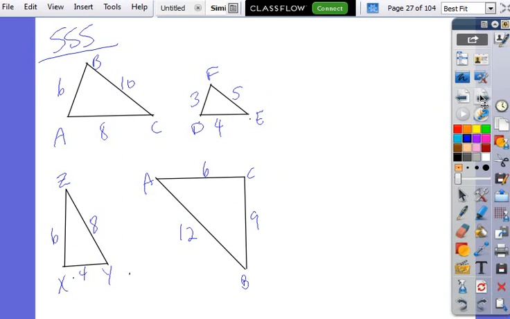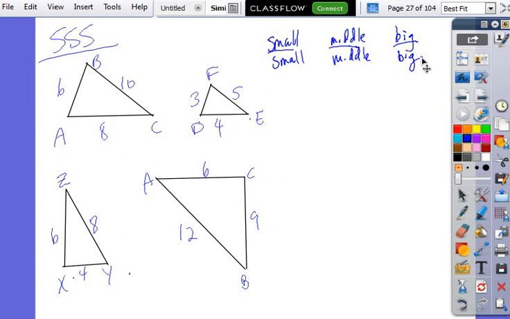All you have to do is this. The small over the small, the middle over the middle, and the big number over the big number. That's all you gotta do. You pick the small one in one triangle, put it over the small one in the second triangle. Middle in the second one, middle in the first one. So on down the line.